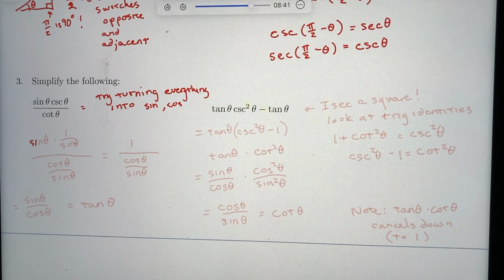Okay, so sine times cosecant's 1 over sine. Cotangent is cosine over sine.